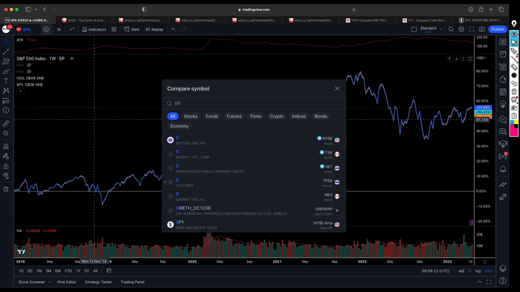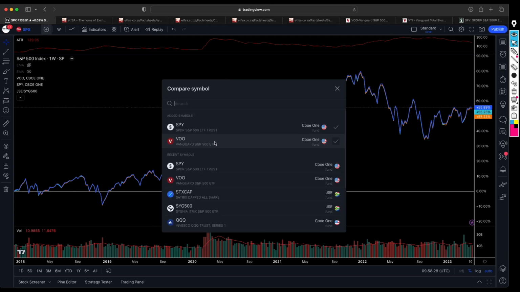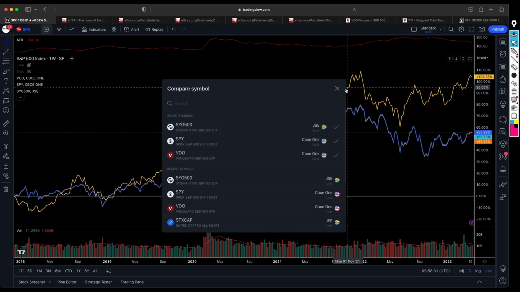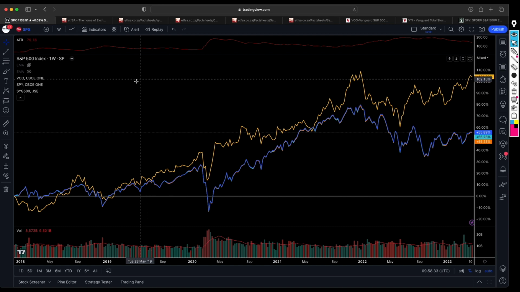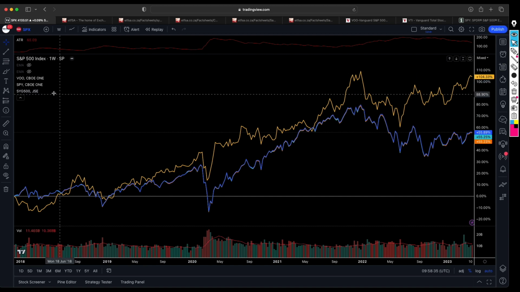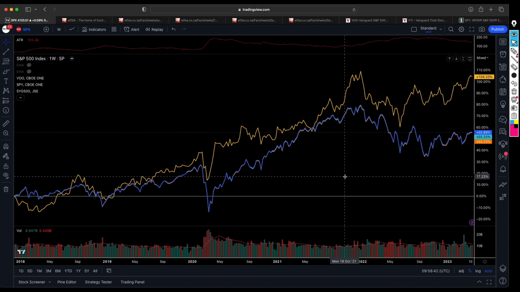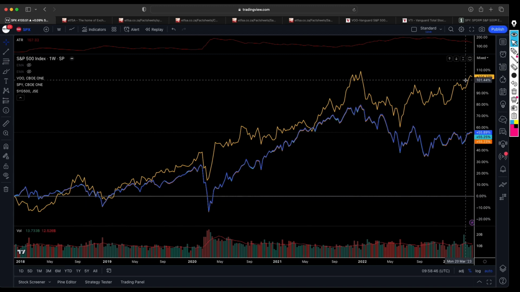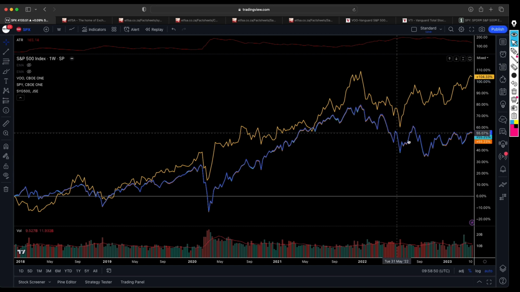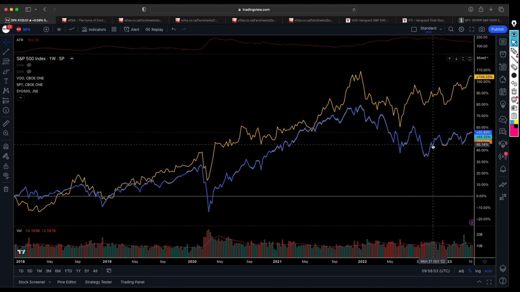What would be interesting is to see how the Sygnia S&P 500 performs compared to this. So it might not be a fair comparison, but I just want to see how it performs. And as we can see, percentage wise, the Sygnia S&P 500 tracking ETFs each seem to outperform, but remember the Sygnia S&P 500 is priced in rand, everything else is priced in US dollars.